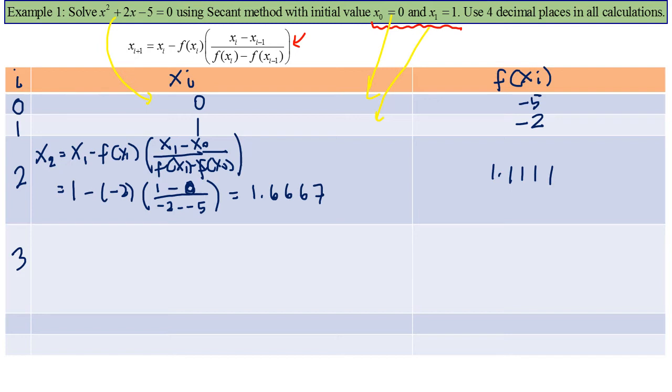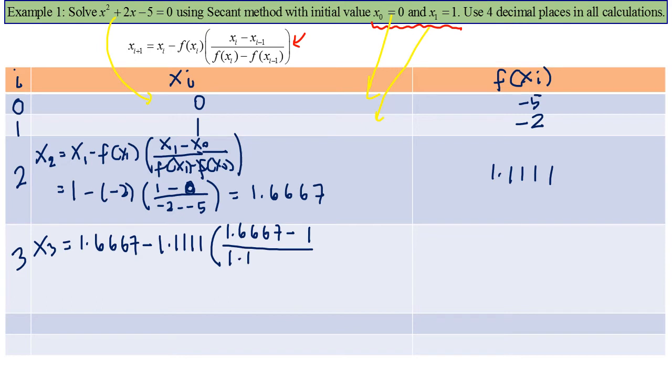Now similarly, to get x3, it is 1.6667 minus 1.1111, which is f(x2), multiplied by 1.6667 minus 1, which is x2 minus x1, divided by 1.1111 minus negative 2, which is f(x2) minus f(x1).